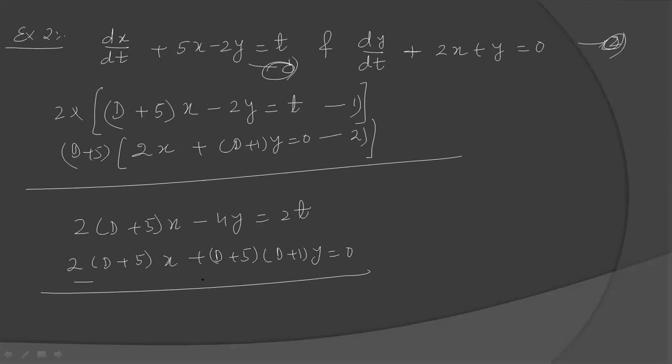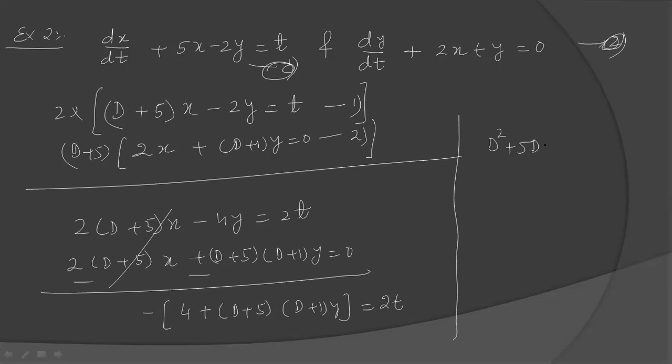Now if you subtract, this term is cancelled out, so you can take the minus sign outside: minus 4 minus (D plus 5)(D plus 1)y equals minus twice t. Send the minus sign to the right hand side, so the left hand side will become (D square plus 6D plus 5 plus 4, that is 9)y equals twice t.